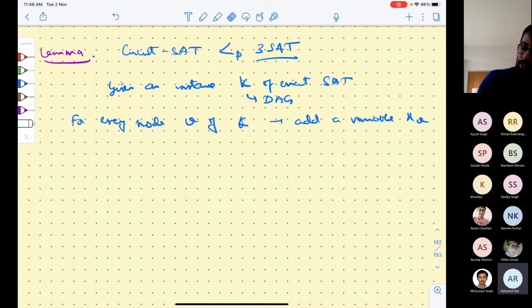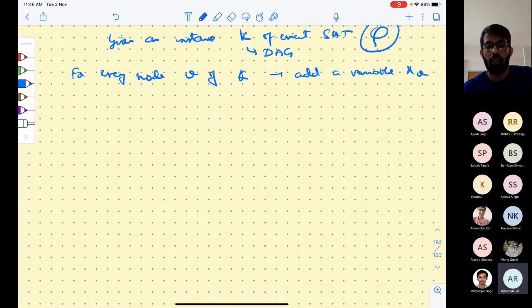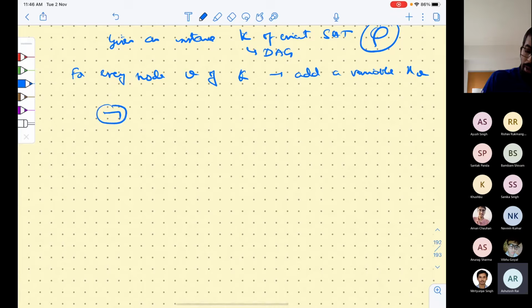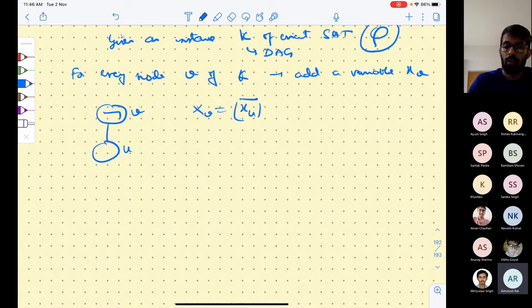Let's call the instance we want to make phi. So add a variable xv, right? Good. Now whenever there is a NOT, and whatever is below it, suppose this vertex was V and this vertex was U, then we want to put xv is equal to not xu, right?